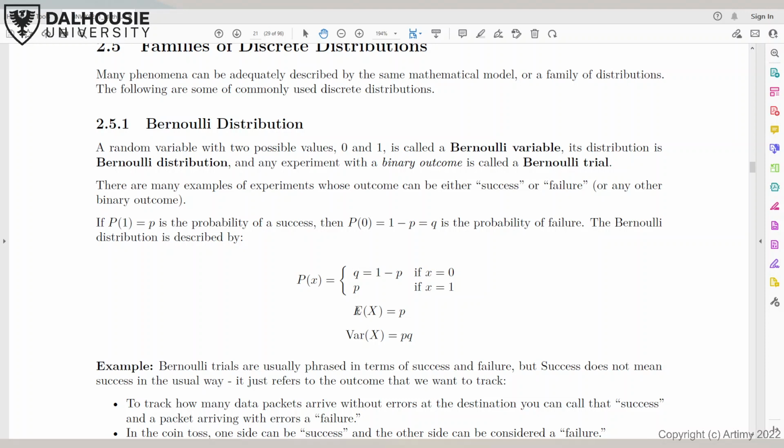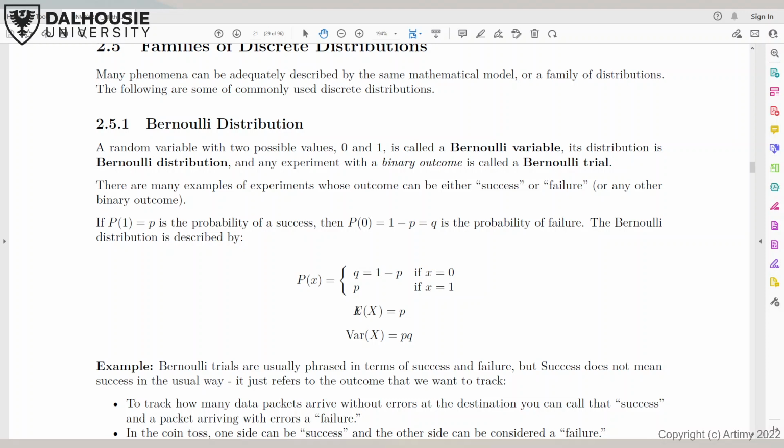So as long as I have an experiment that generates two outcomes, that's a Bernoulli distribution, which means that I can use this concept for a lot of things, for a lot of applications.